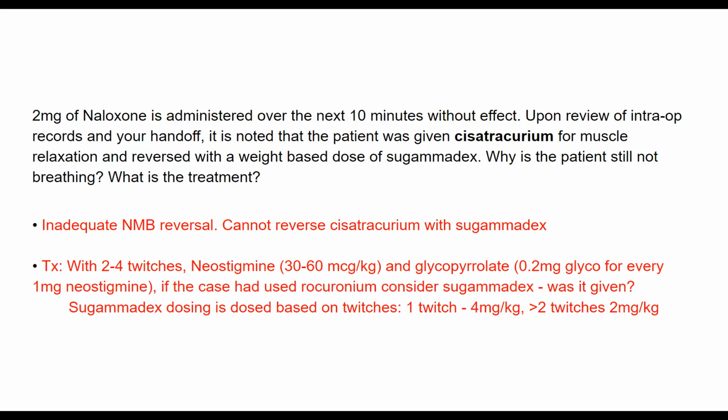So if you have one twitch, again, remembering we want 4 twitches, that's an ideal scenario. If you just have one twitch, we give a higher dose of sugammadex, 4 milligrams per kilogram. And if you have two twitches or more, closer to 4 twitches, then you can give less, 2 milligrams per kilogram.